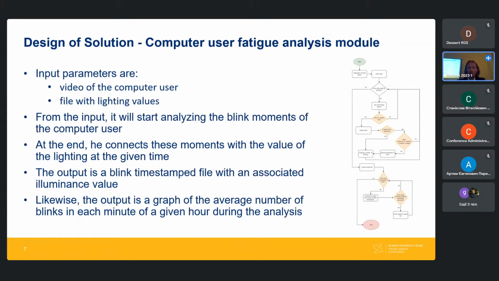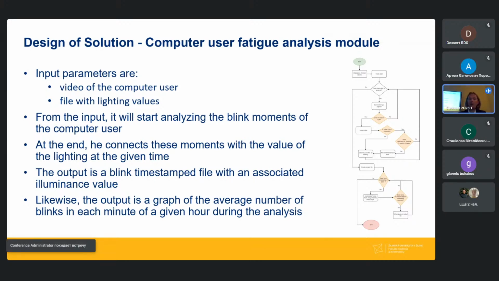The second module, the computer user fatigue analysis module, takes two inputs: the recorded video of the computer user and the file with lighting values with timestamps. From this input, it analyzes the blinking moments of the computer user, and at the end it connects these moments with the value of lighting at a given time.